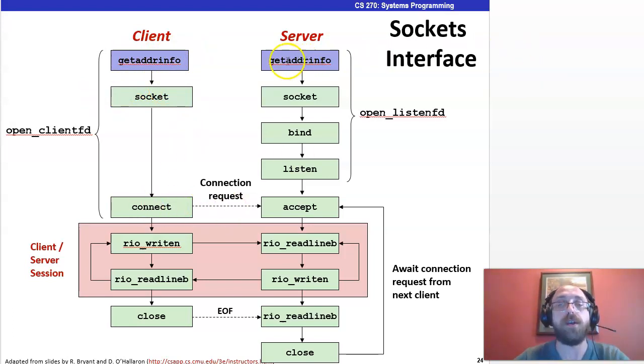Or on the server end, doing getaddrinfo, creating the socket, binding it to that port and IP address, and listening. You can also implement those by hand, and if you read the code for them, you'll see that they do exactly this sequence of system calls.